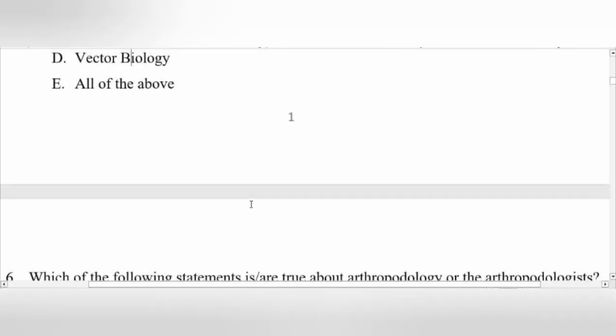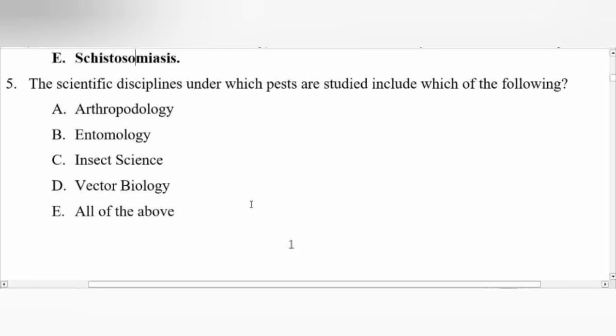Question number 5. The scientific disciplines under which pests are studied include which of the following? The option A is anthropology, B, entomology, C, insect science, D, vector biology, and E, all of the above.